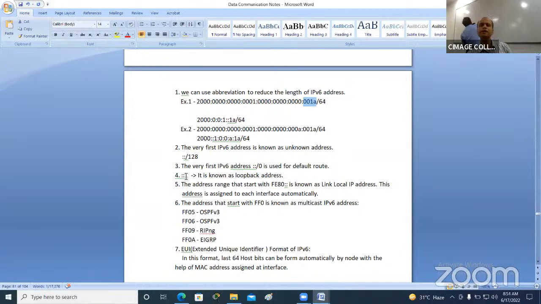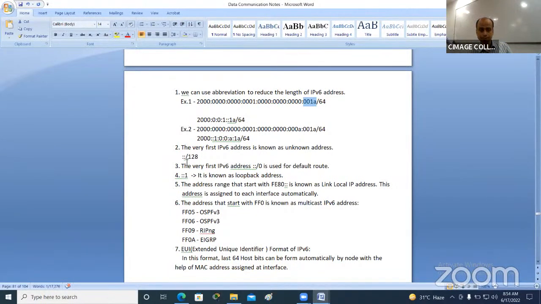The very first IP of IPv6 will be all 0. If there are all zeros in all 8 groups and the subnet prefix length is 128, then this type of address is known as the unspecified address.